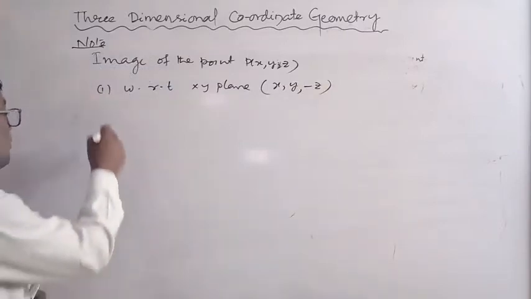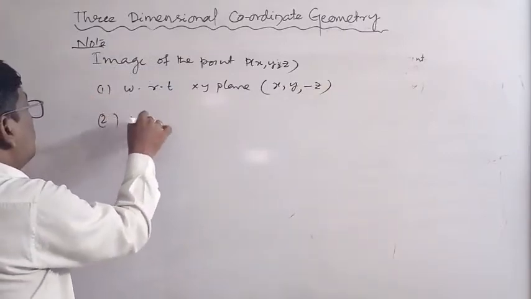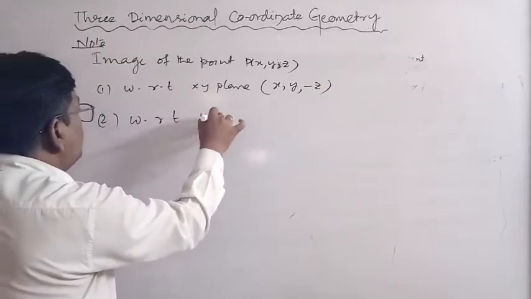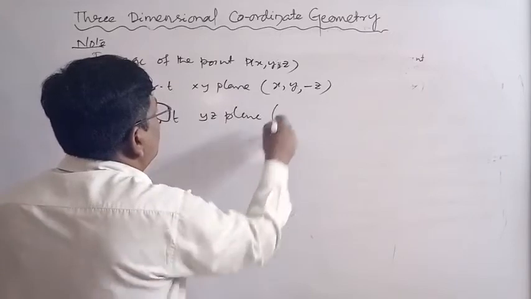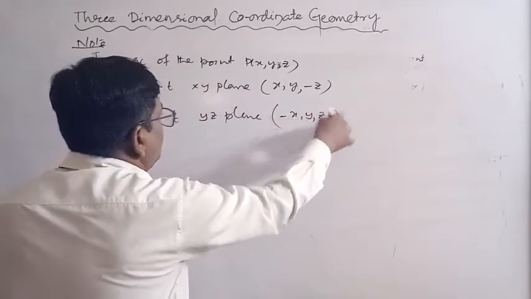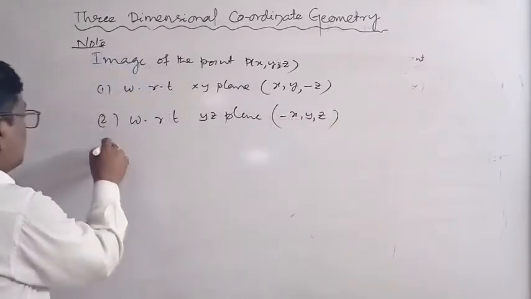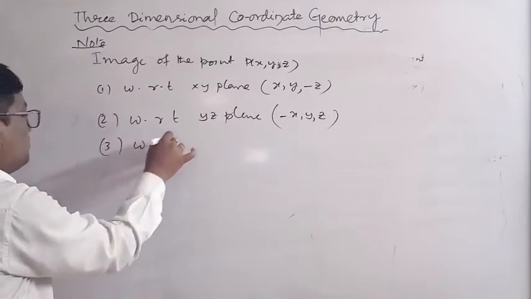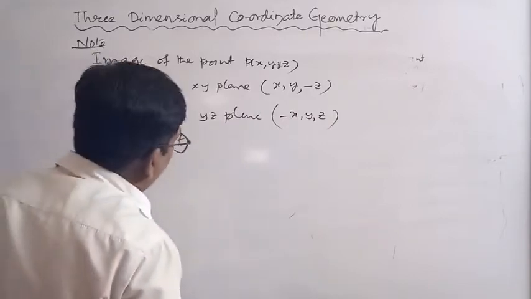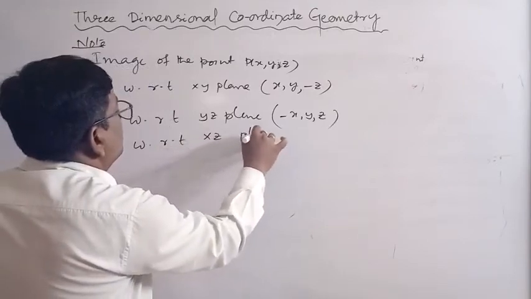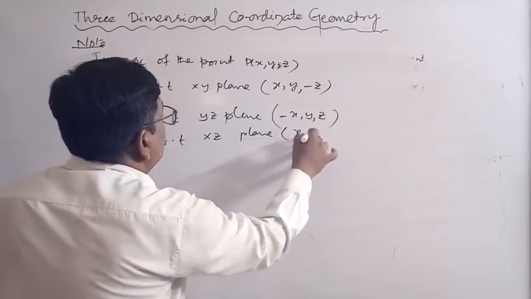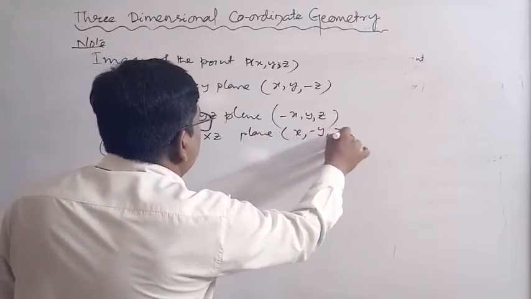Number 2, with respect to the yz plane means minus x, y, z. And with respect to the xz plane, that is x, minus y, z.